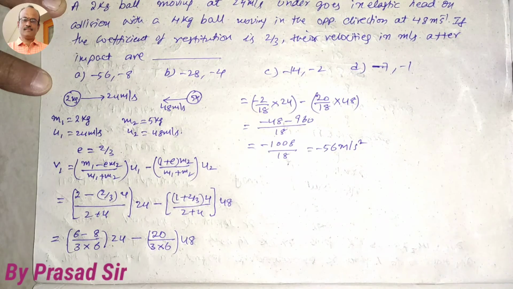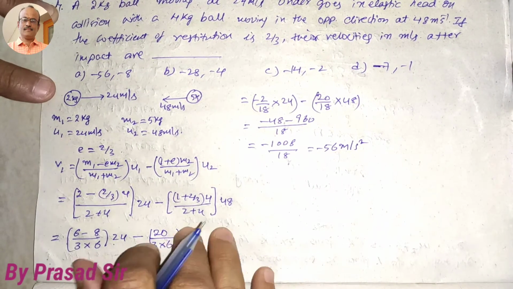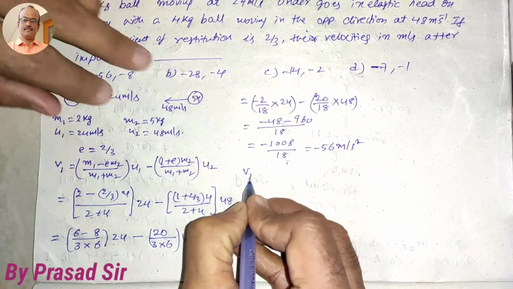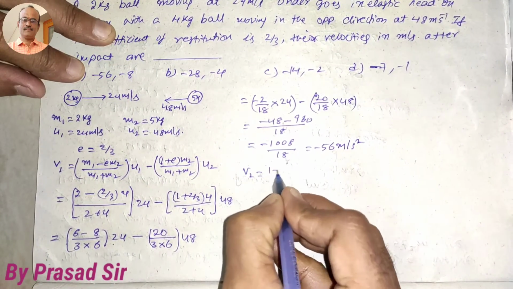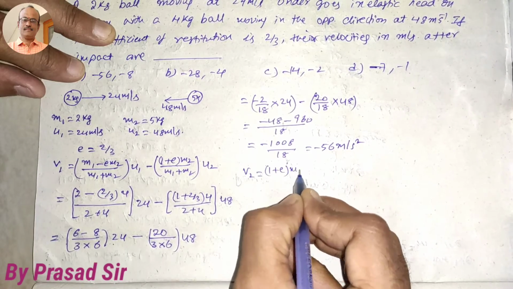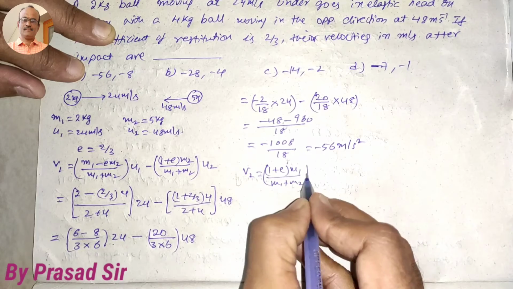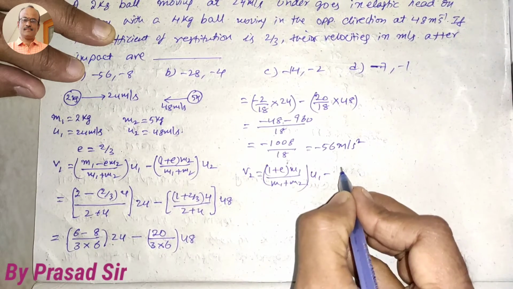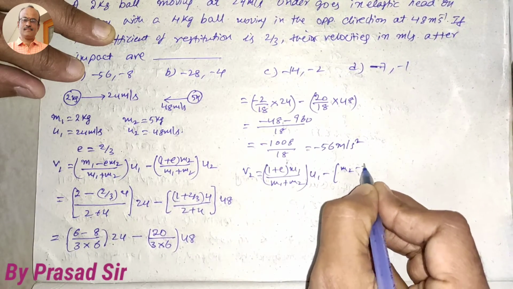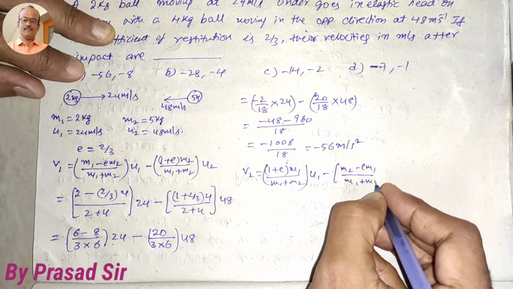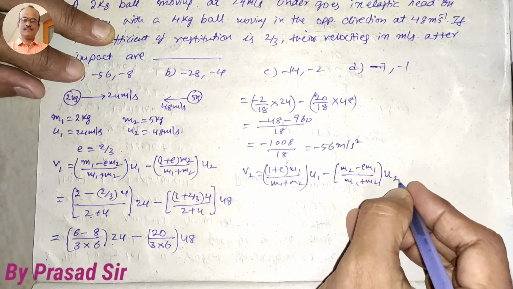meters per second. Now I want to calculate the velocity V2 for the second body. That is, V2 is equal to (1 plus e) times m1 divided by (m1 plus m2) into u1, minus (m2 minus e m1) divided by (m1 plus m2) into u2.